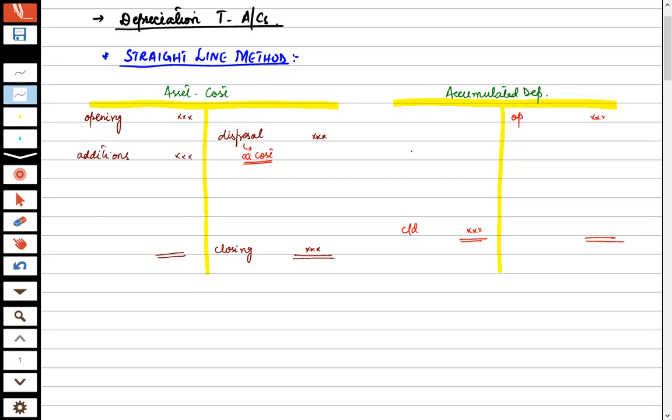So the asset which is disposed of. Now listen to this sentence very carefully. The asset which is disposed of, that disposed asset's accumulated depreciation would be debited in the accumulated depreciation account.